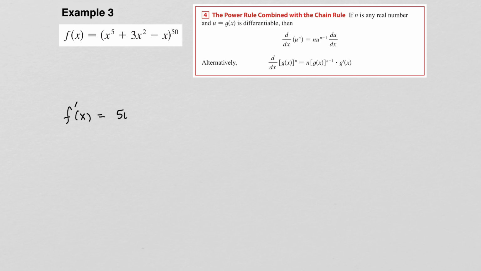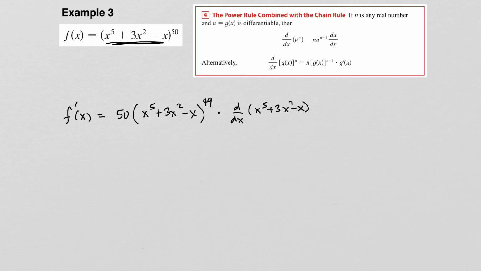So we're going to have 50, and then the power gets reduced to 49. And what's very important is whatever you had in the parentheses stays in the parentheses. Do not change it. And then we're going to follow it up with the derivative of that inside function.